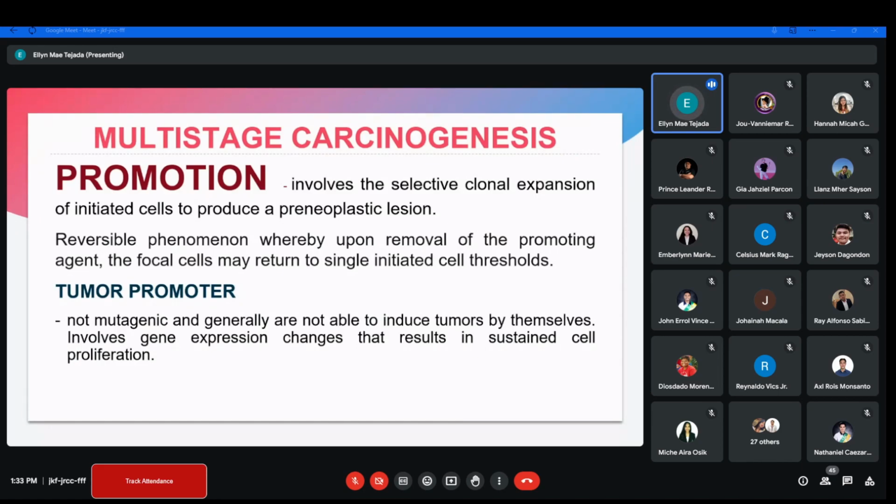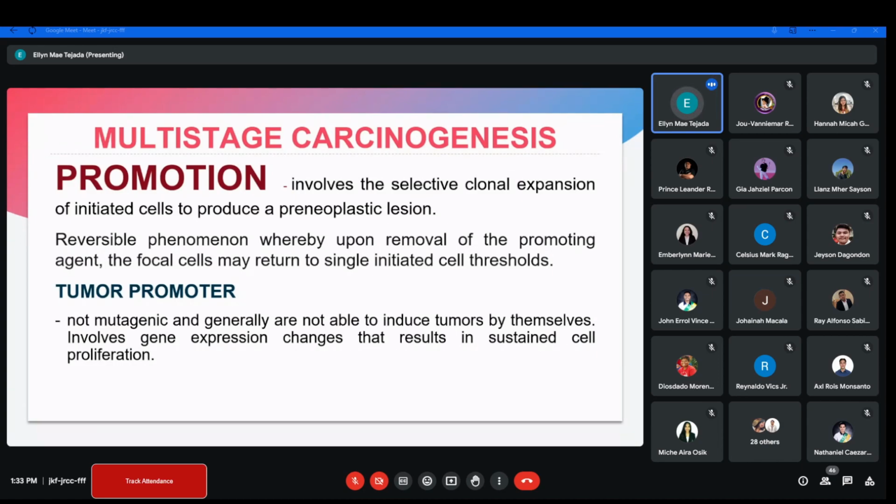Now, unlike the initiation stage, the promotion stage is a reversible phenomenon whereby upon removal of the promoting agent, the focal cells may return to the single initiated cell threshold.